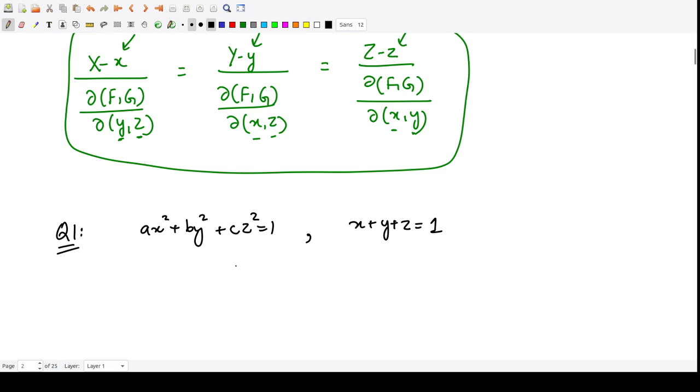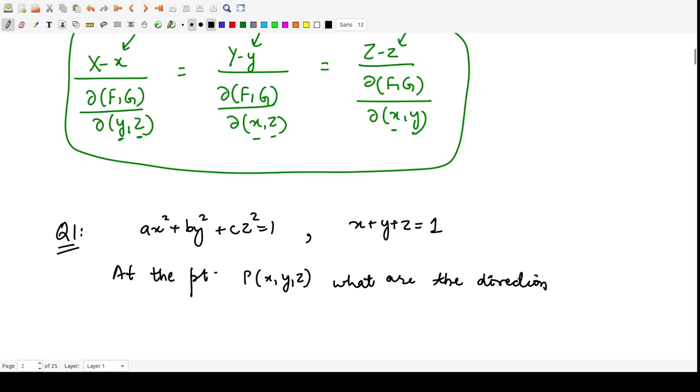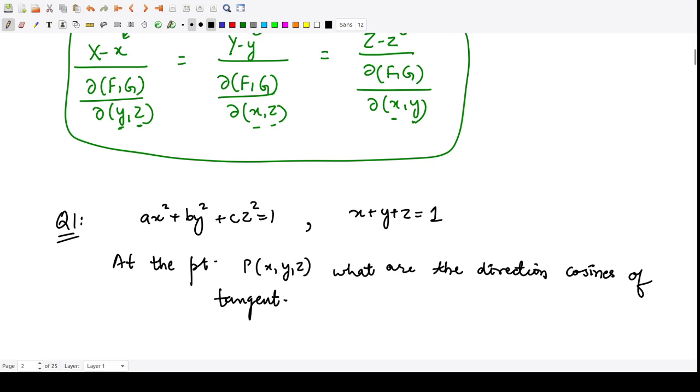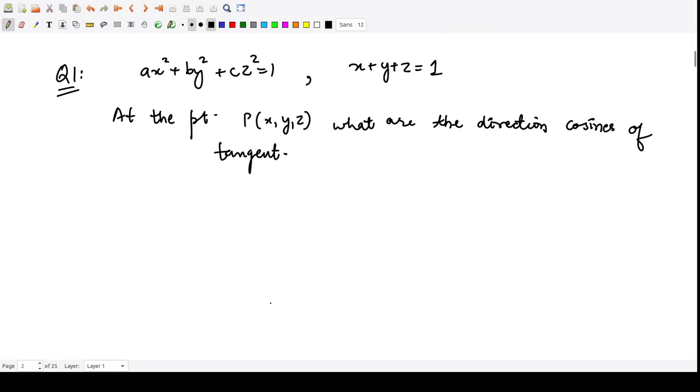Now they are asking, at the point P(x, y, z), what are the direction cosines of the tangent? In order to calculate the direction cosines, you should first calculate the equation for this tangent line.